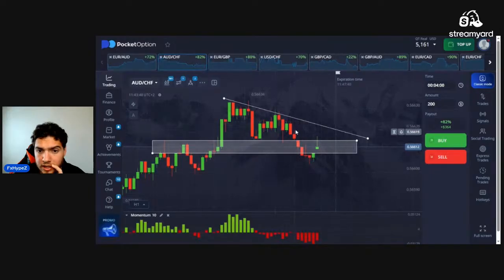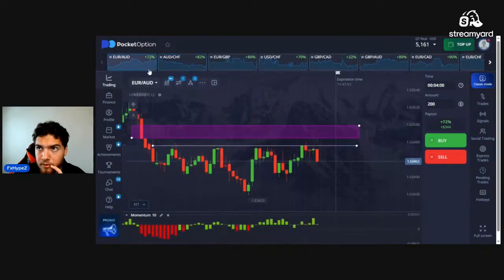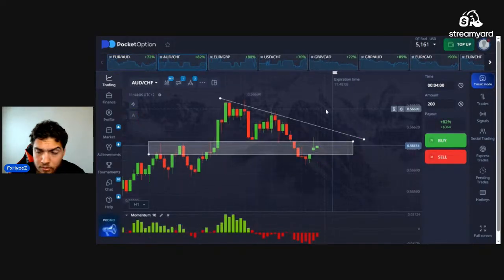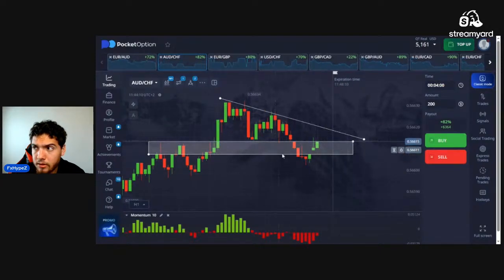So we could get something juicy here. Euro AUD looks like it has rejected off resistance now for the 5th time. That's something important to note. Okay, we're getting a bounce here, potential bounce.